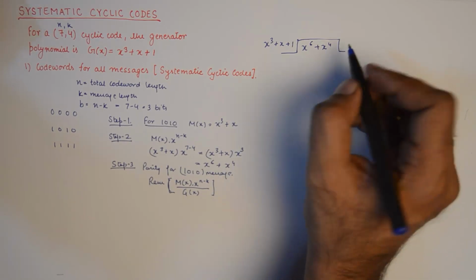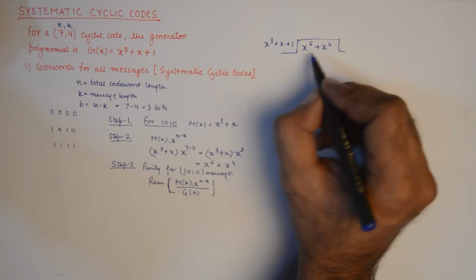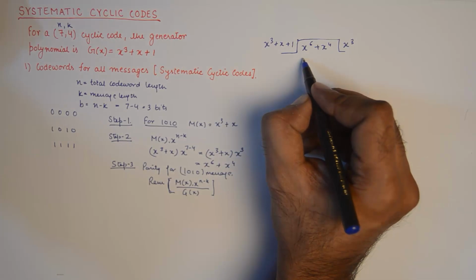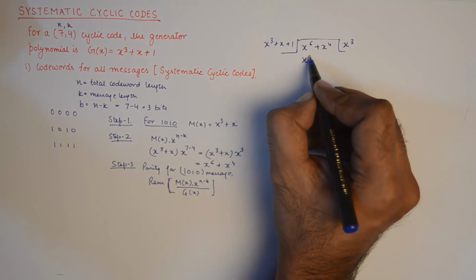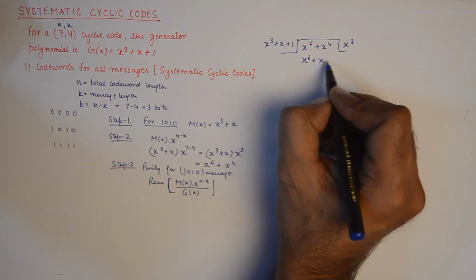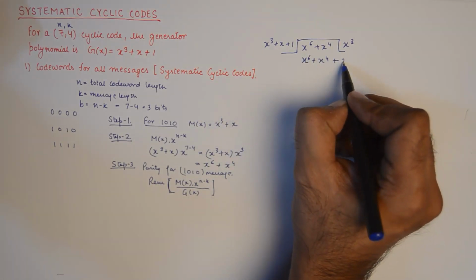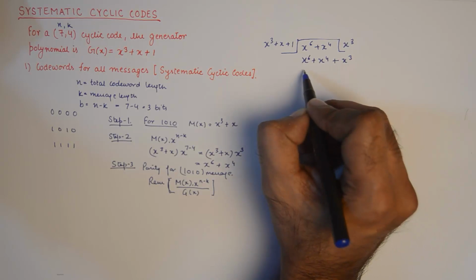So I'll illustrate that. So in order to eliminate this, I'll use x cube. So this becomes x raised to the power 6 plus x raised to the power 4 plus x cube.